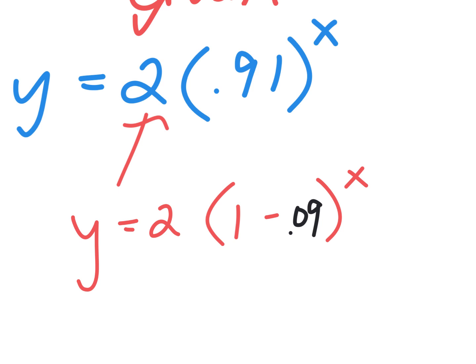How many of you figured out it'd be 1, but take away 0.09? 9% decay. I'm curious, how many of you actually got 9% before I said it? Good. Okay. Do you get this one's decay because it's going less than 1, and that's how much it went down, 9%.